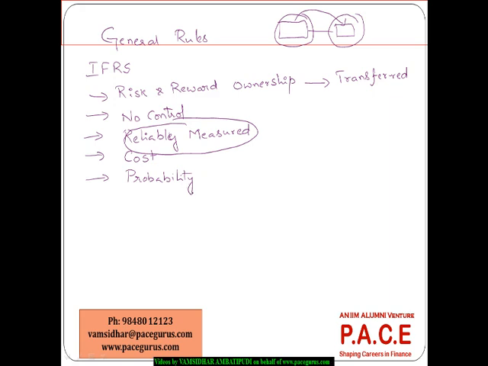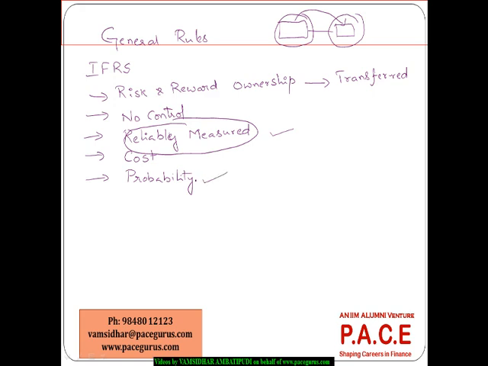To a large extent, I should be confident that I would be getting this money. If I have got it already, fair enough. Even if I am going to get it in future, I should have some kind of confidence that I would be getting the money out of it. The same logic goes even with any kind of service that I am rendering. So I should be able to measure the value associated with that particular service.